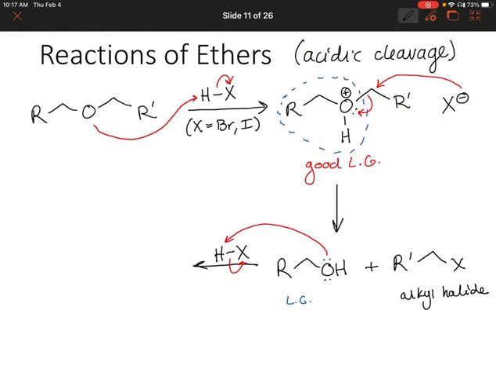So now we'll have our alkyl halide, and we protonated our alcohol, and then we have our halide ion. So that halogen's going to come in and again attack the carbon next to our leaving group, which is water.